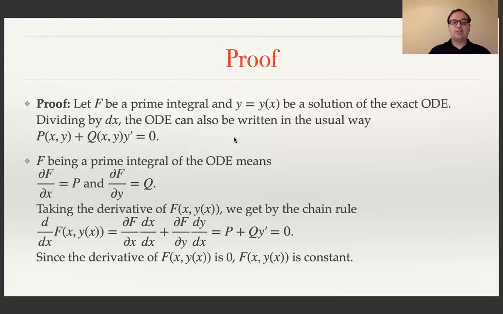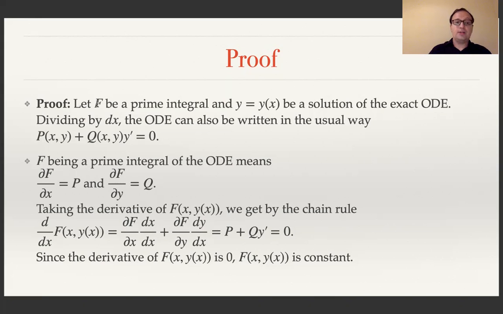All right, so now let's prove this theorem. The proof will have two parts. In the first part, we're going to consider a solution of the ordinary differential equation, y of x, and we're going to prove that f of x and y of x is a constant, where f is our prime integral.